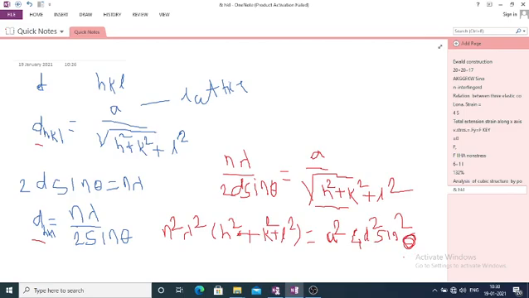Squaring both sides, moving left to right and right to left, you get this equation.